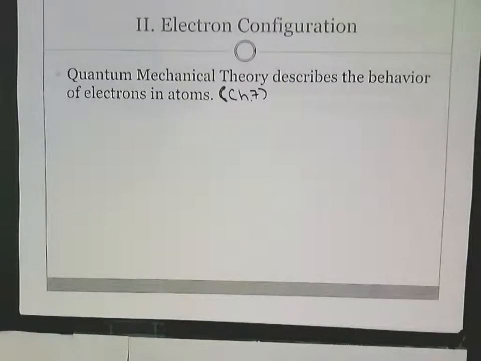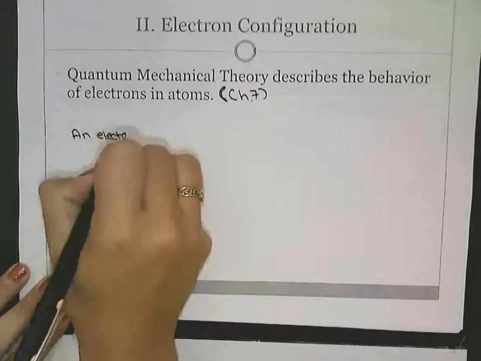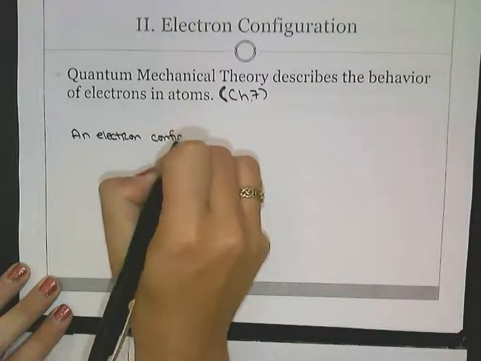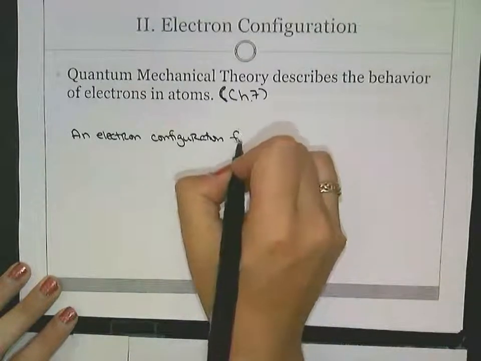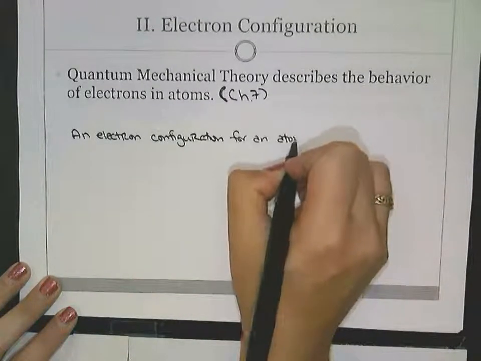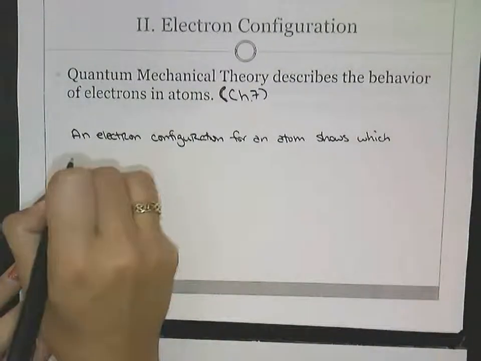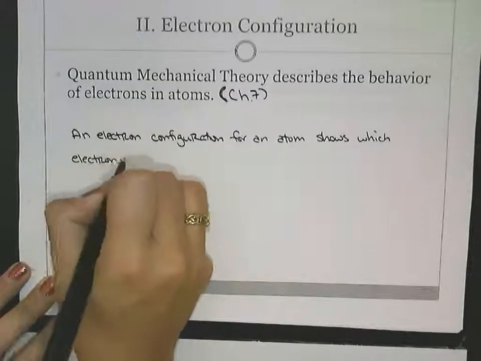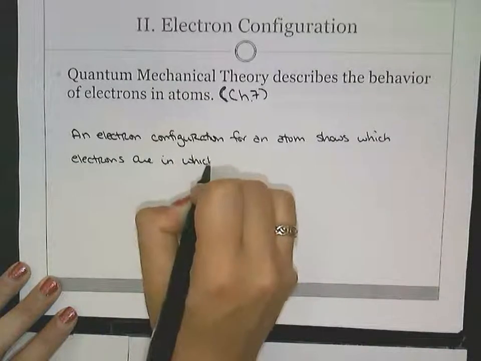So there are a few different ways we can describe how the electrons are found in an atom. One way to do that is called electron configuration. An electron configuration for an atom shows which electrons are in which specific orbital.